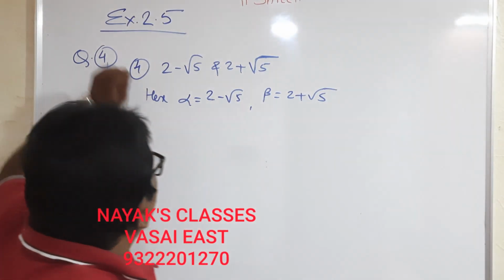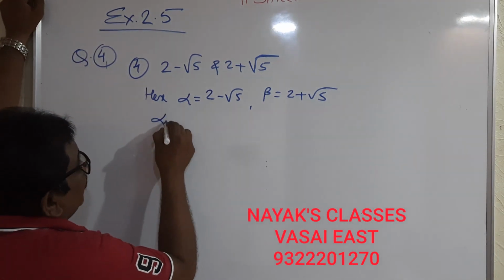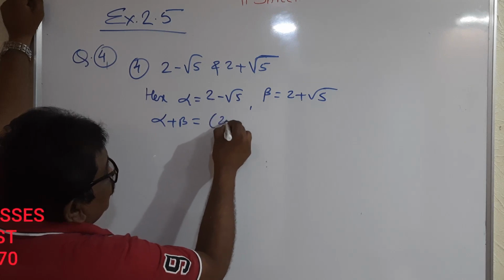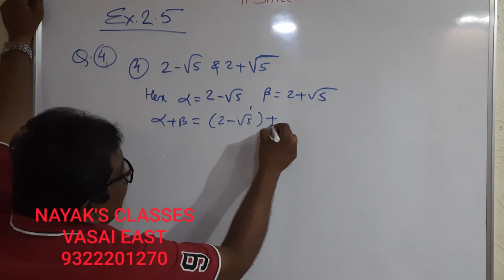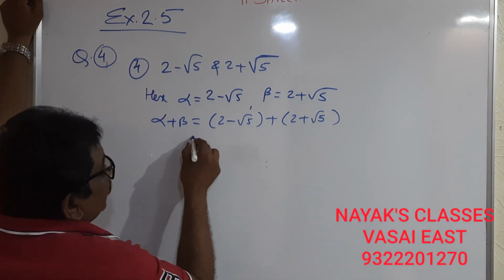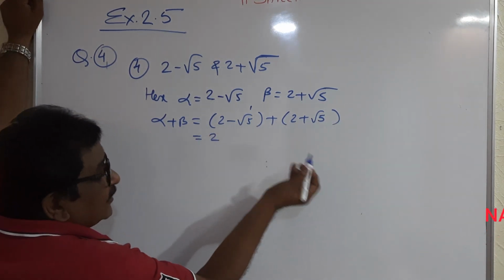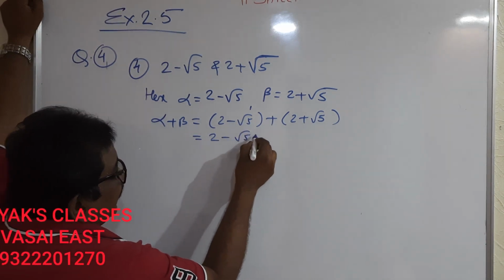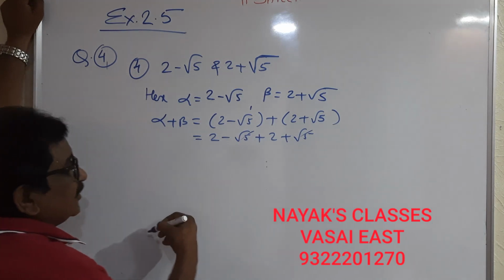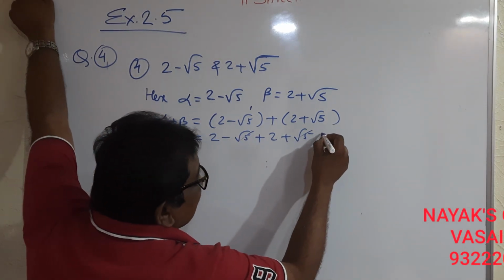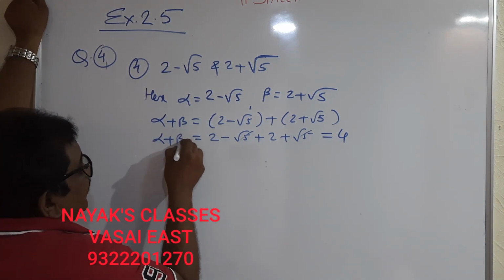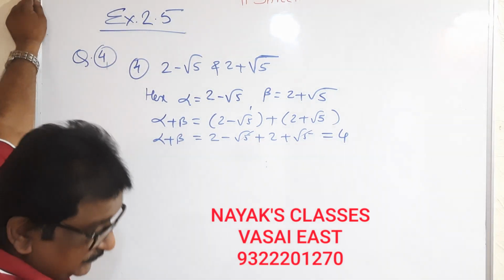Now we have to find alpha plus beta is equal to 2 minus root 5 plus 2 plus root 5, which is equal to, opening the brackets, 2 minus root 5 plus 2 plus root 5. These two get cancelled because they are opposites, and the answer is 4. So alpha plus beta is equal to 4.